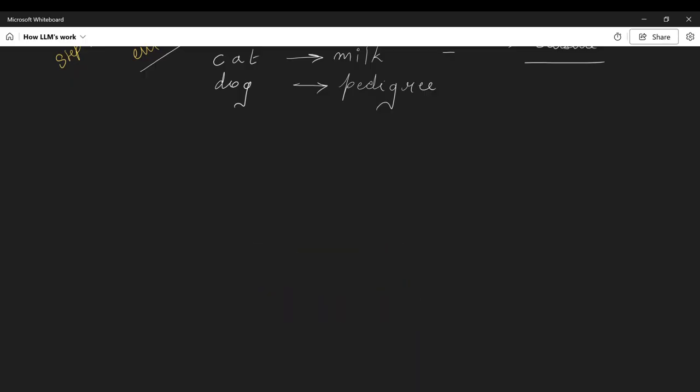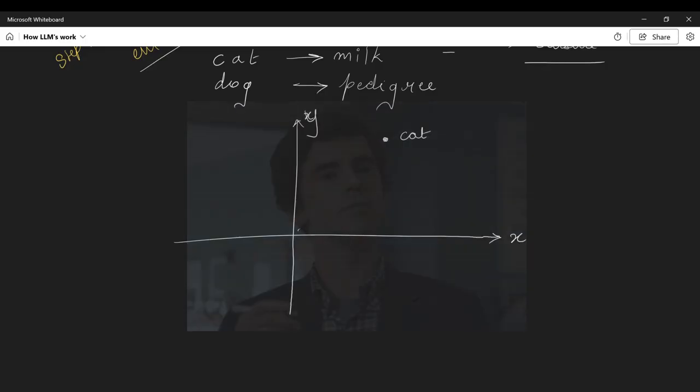If I plot a graph, on the x and the y axis, ideally it doesn't happen on the x and y axis, it is much more mathematical, but just for understanding purposes, if we plot the word cat on the graph, we might get it here.